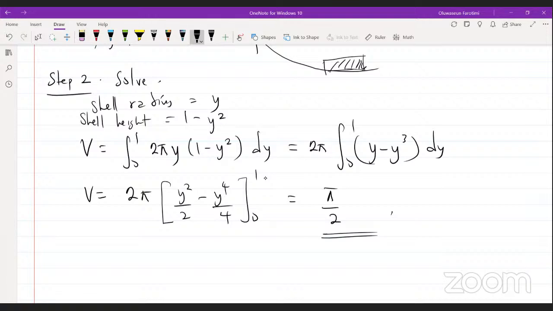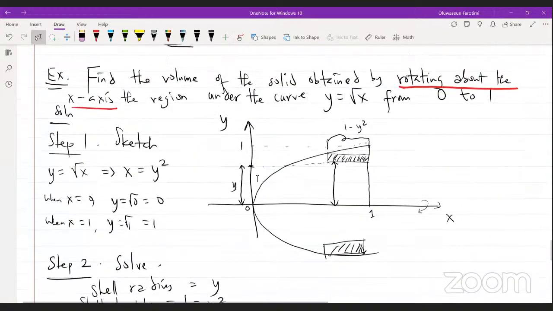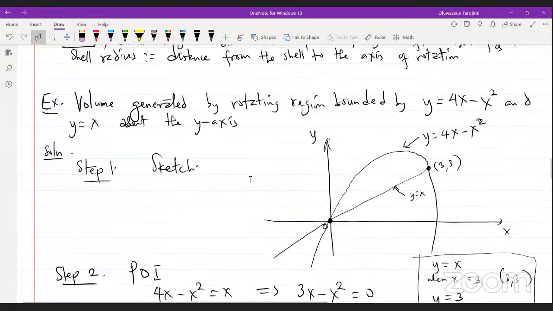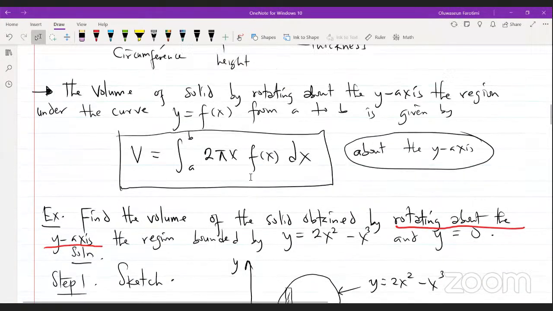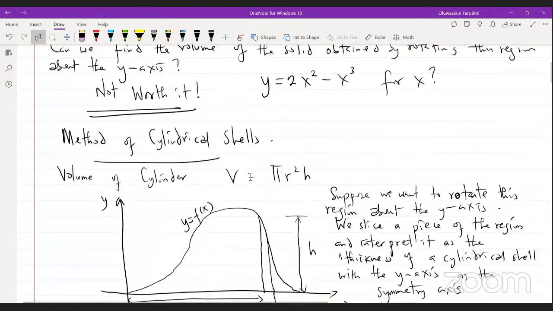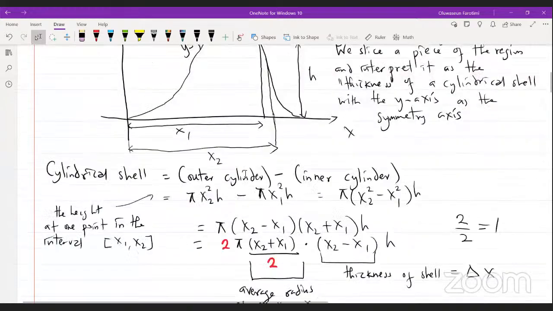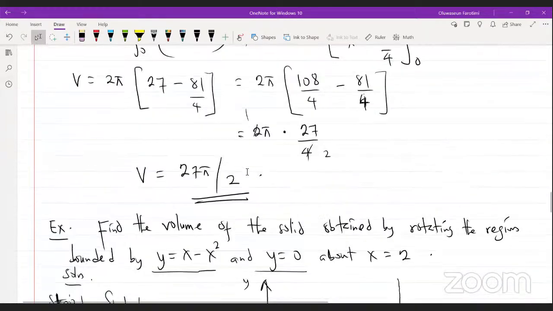I hope this gives you guys a good sense of the idea of volume by cylindrical shells. Of course, we'll see from a different perspective the motivation for doing this, and why it is necessary or perhaps important to study concepts such as this.